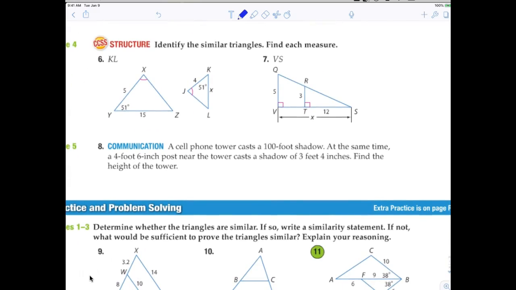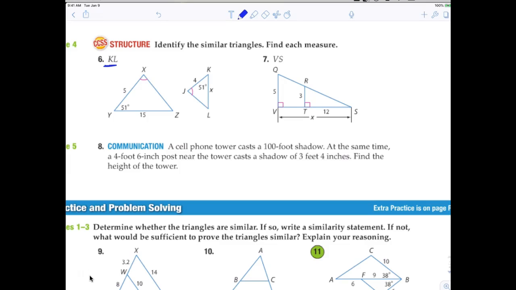All right, here we go. It says, identify the similar triangles and find each measure. So they're saying that the triangles are similar, correct? So the triangles are similar by angle-angle similarity. Agreed?